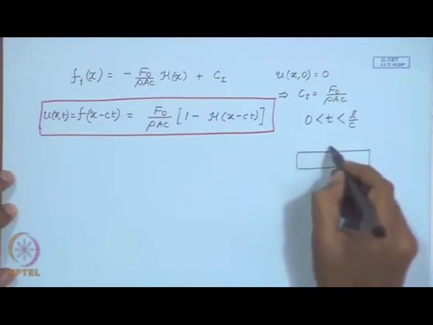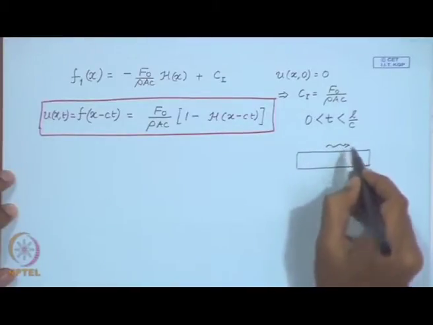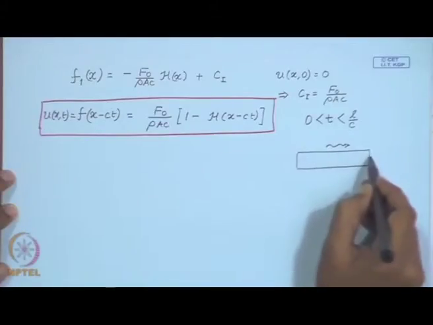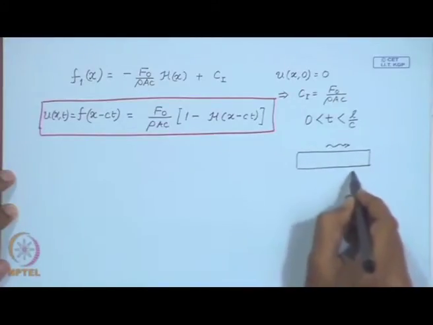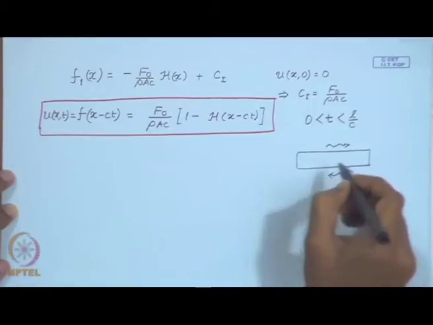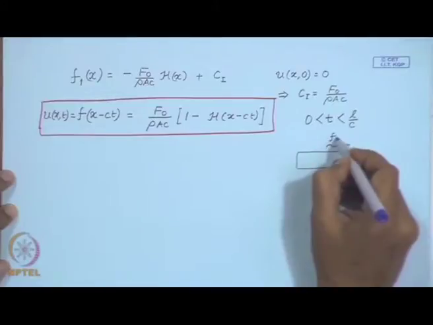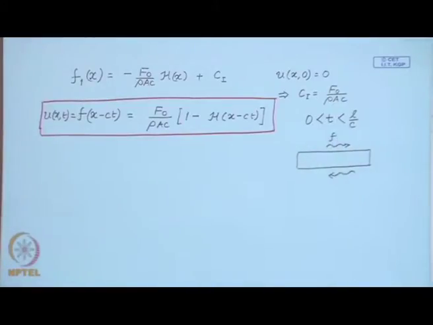So, here there is a front which is travelling, and that is going to hit the right boundary and reflect back. So, this is f, this was f 1.